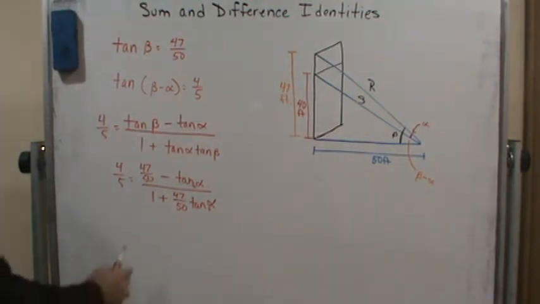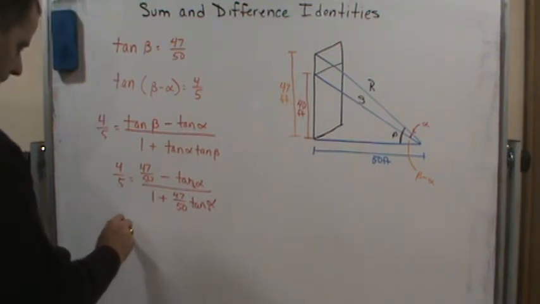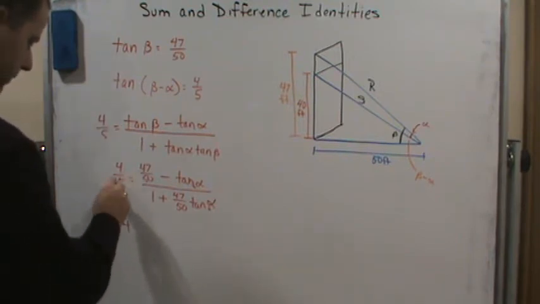Now I'm going to multiply both sides by the denominator here, and I'm going to multiply both sides by 5.